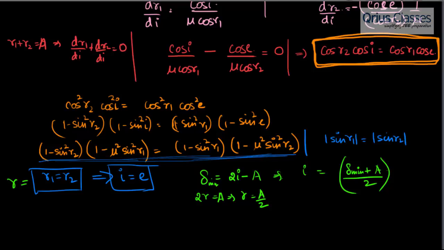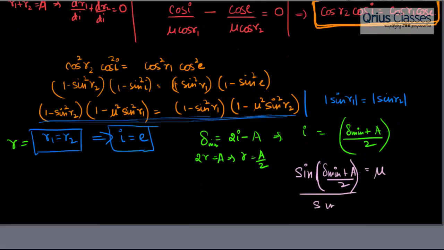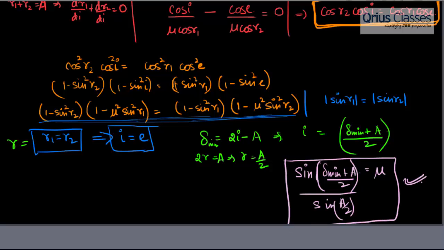It says that sine of delta minimum plus A by 2 must be mu times sine R, where R is A by 2, so mu equals sine of delta minimum plus A by 2 divided by sine of A by 2. So this is also a valid result.